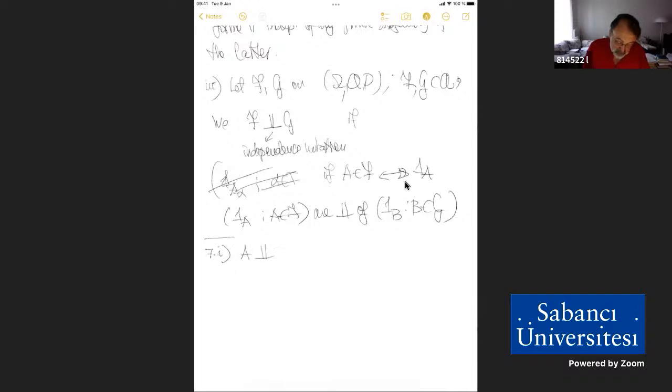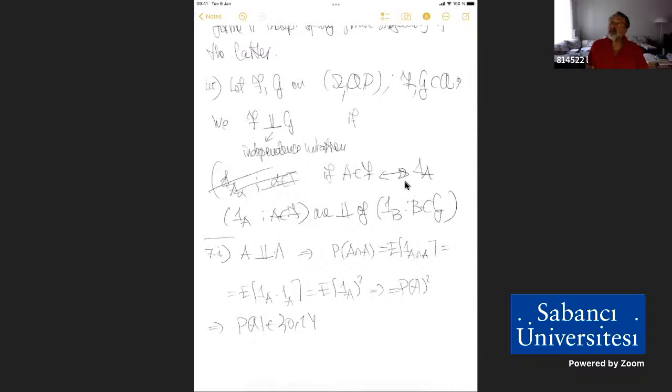A is independent of itself, hence the indicator function of A is independent of itself, hence the probability of A intersection A is equal to the expectation of the indicator of A intersection A, which I can write as the expectation of the indicator of A times the indicator of A. This is equal to the expectation of the indicator of A squared. So this is equal to the probability of A squared. Hence, by elementary calculus, the probability of A is equal to either 0 or 1. This is the easy question.